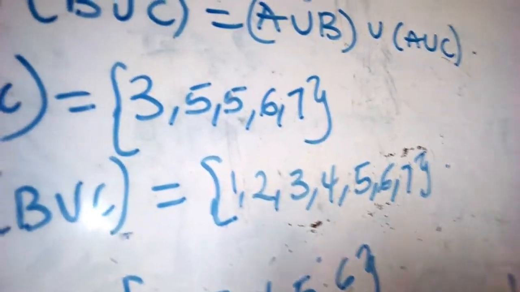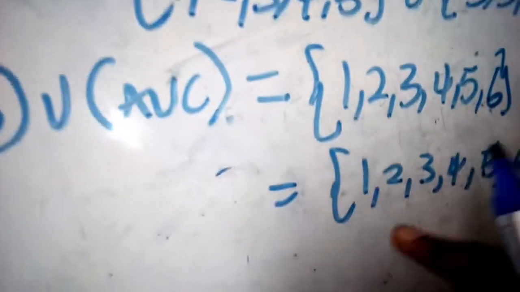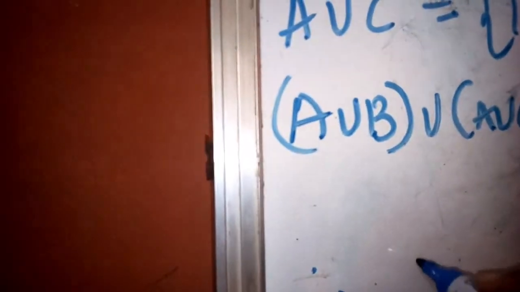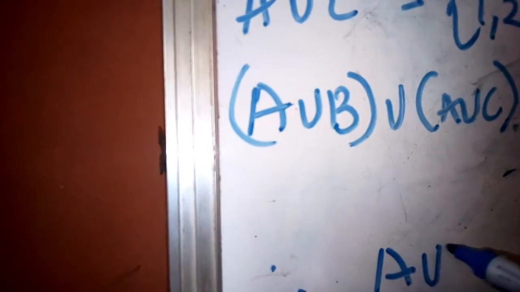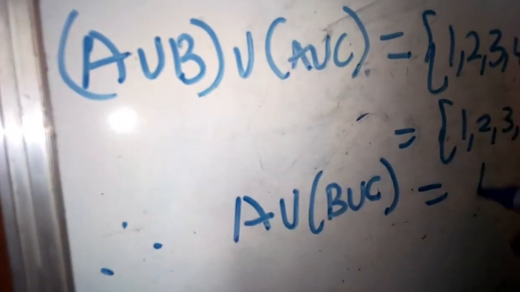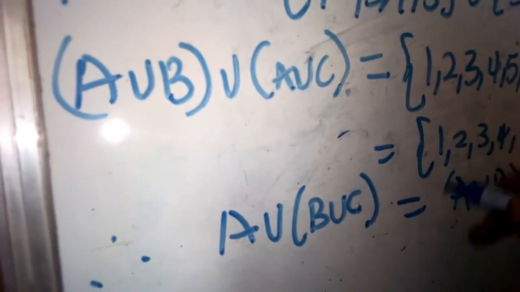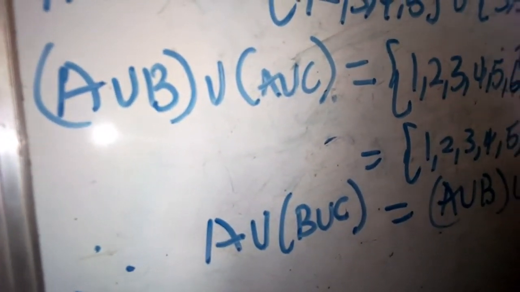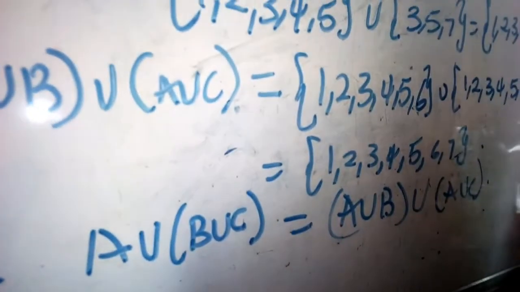So as you can see, 1, 2, 3, 4, 5, 6, 7 and 1, 2, 3, 4, 5, 6, 7. So therefore, A union (B union C) equals (A union B) union (A union C). So that's that.